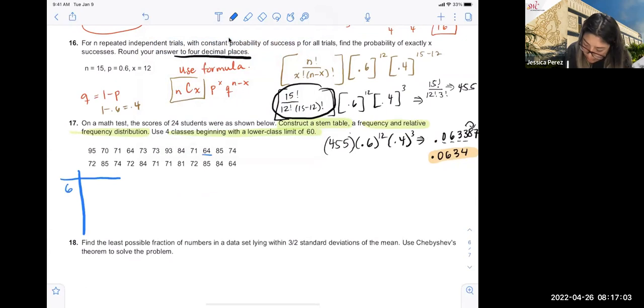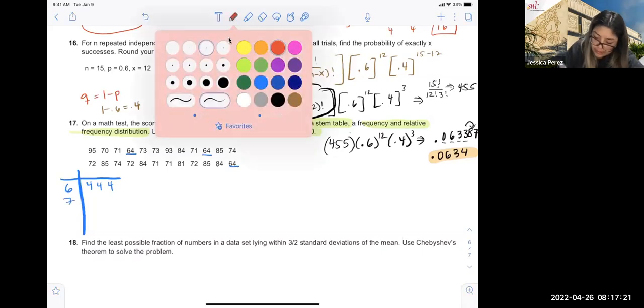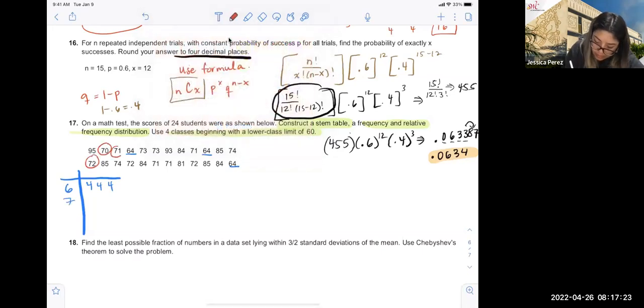I have 1, 2, 3. How many 60s do I see? I think I see 3 of them. So I see 4, 4, 4: 64, 64, 64. Now 7. How many 70s do I have? 1, 2, 3, 4, 5, 6, 7, 8, 9, 10, 11, 12.